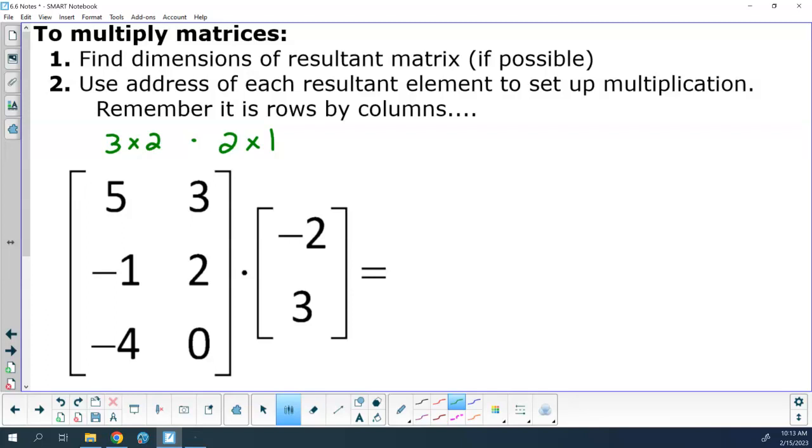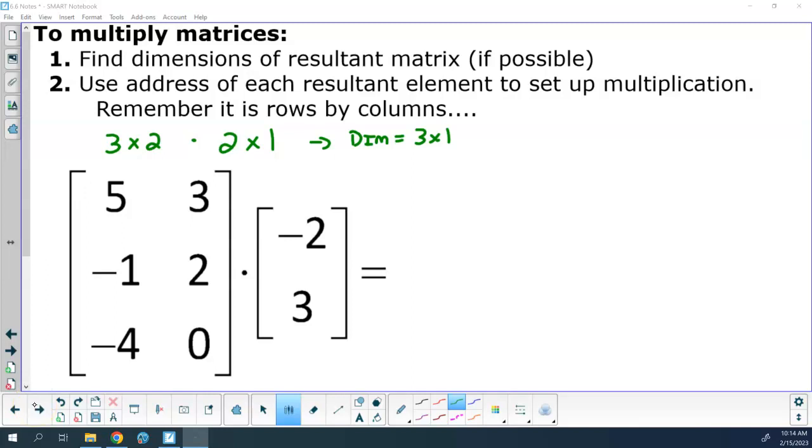What are the results going to be? 3 by 1? Okay. I'll pause here to make sure that you guys get it written down. So write it down. Don't scrunch it. Give it some space. And then we'll go from there.